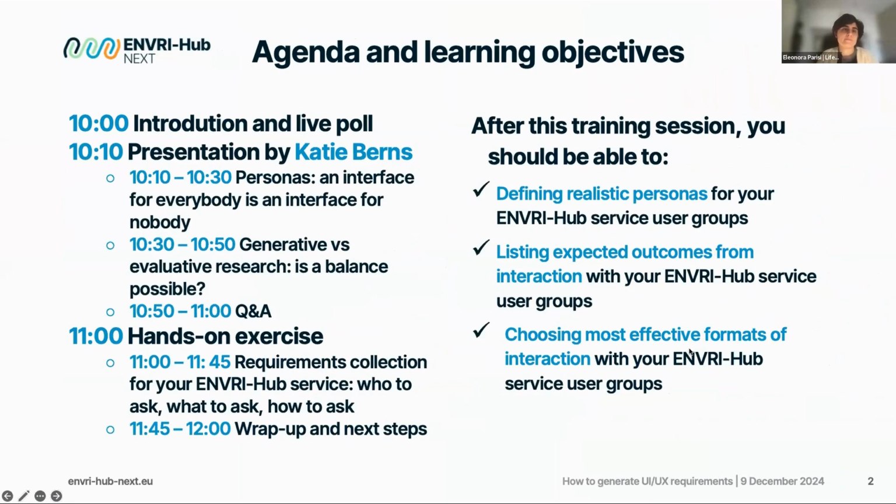This morning, we really want to have an expert perspective on how to better design the personas for our ENVRI-Hub services, and, once we design such personas, how to perform research on their needs, mostly on the real user groups that we are going to identify soon, which every service owner is responsible for identifying. Then they will also be responsible for picking the preferred form of interactions with the user groups.